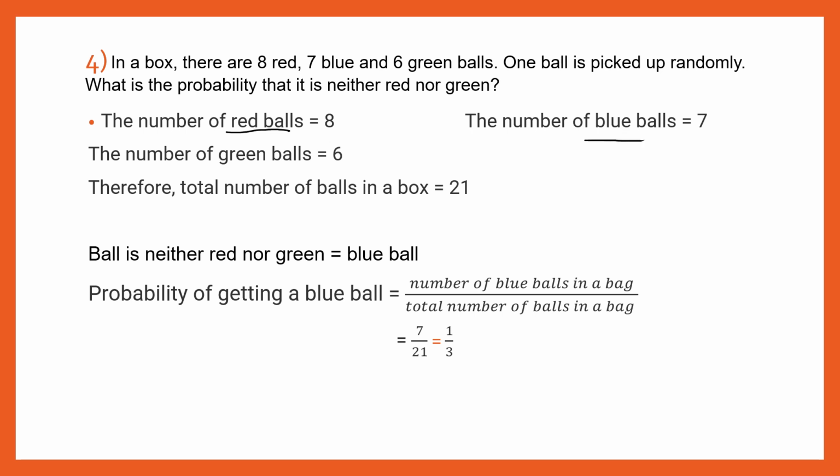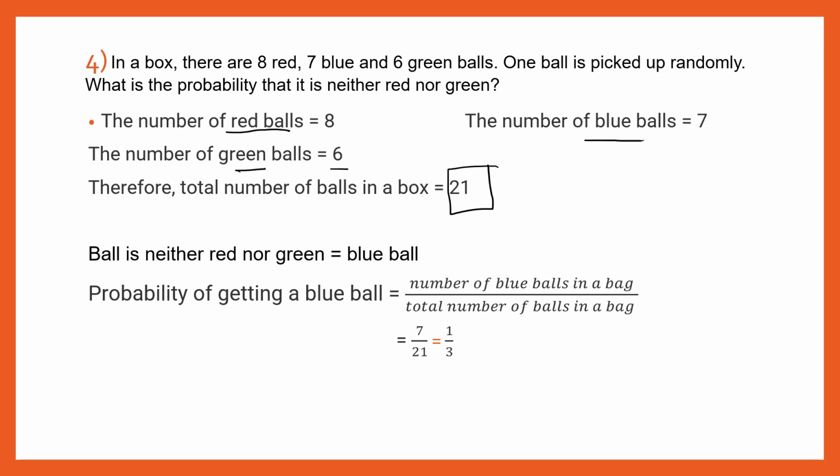Similarly, total blue balls we have 7 and green balls as 6. So the total number of balls in the box would be all the colored balls, the red balls, blue balls as well as the green balls, addition of all of them. So that is 21 balls we have in the box.